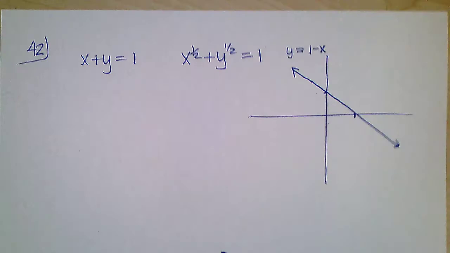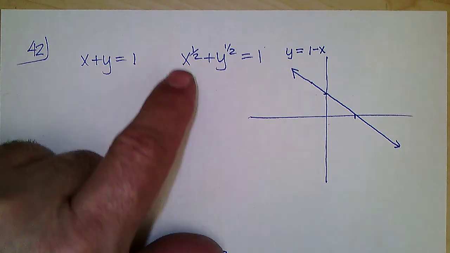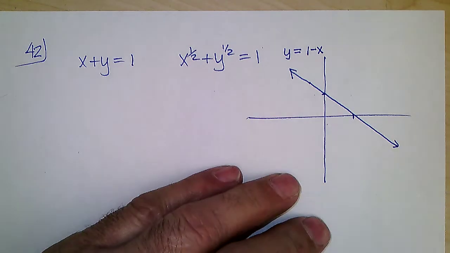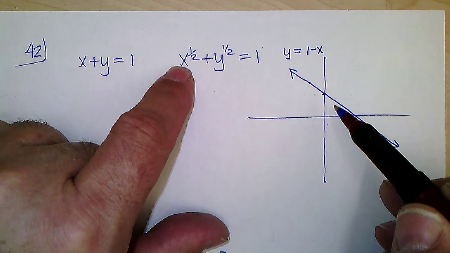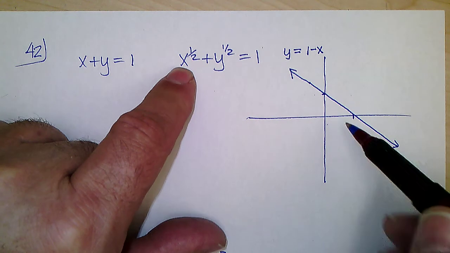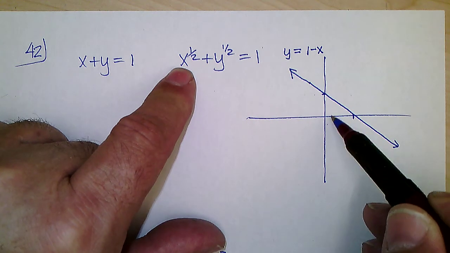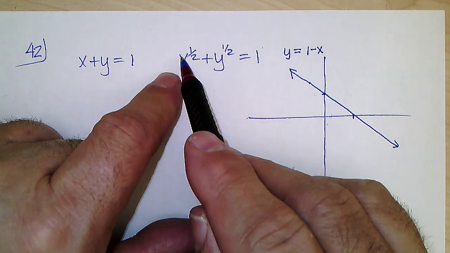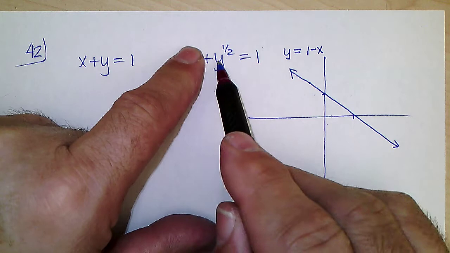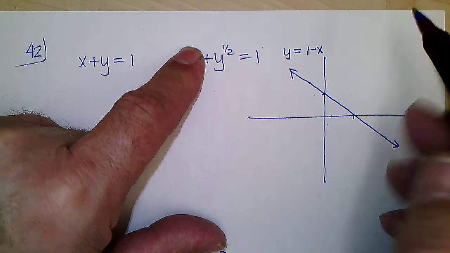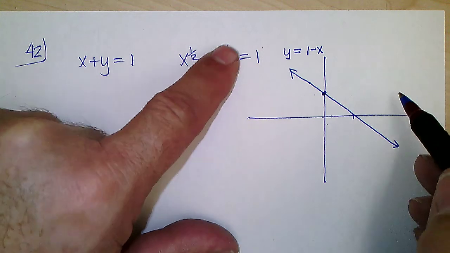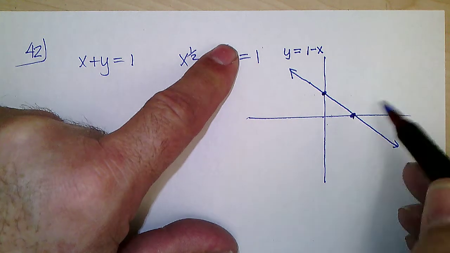And this one, neither x nor y can be negative because it says square roots of them. If I put in 0 for x, I would square both sides and y would be 1, so it goes through that point. And same, it would go through 1, 0.